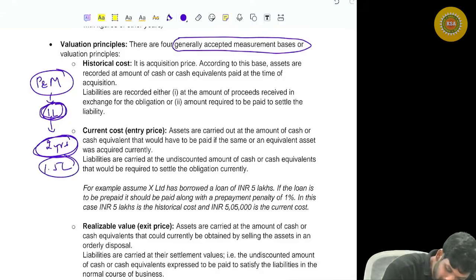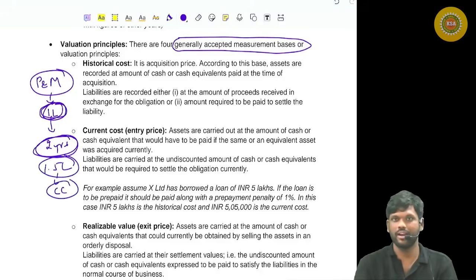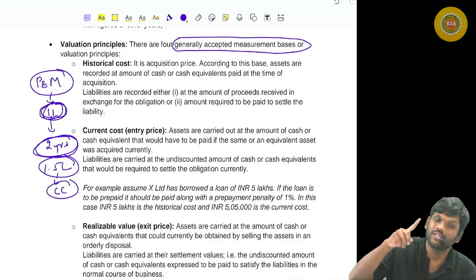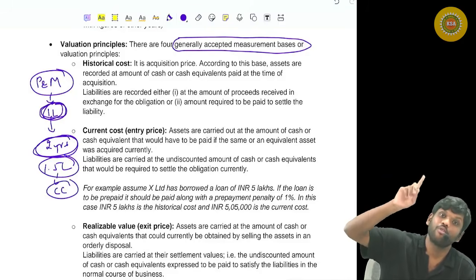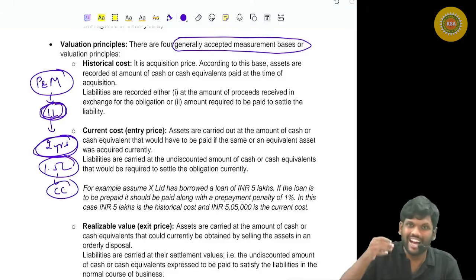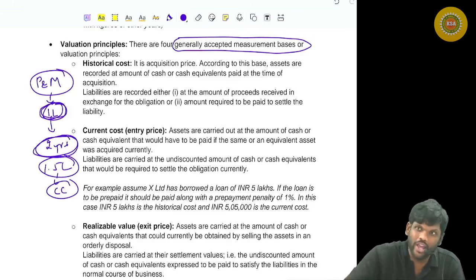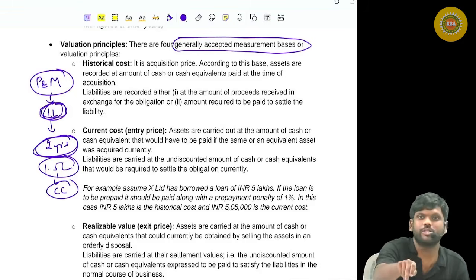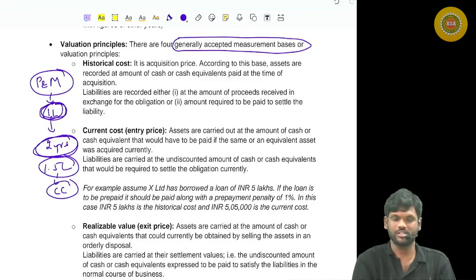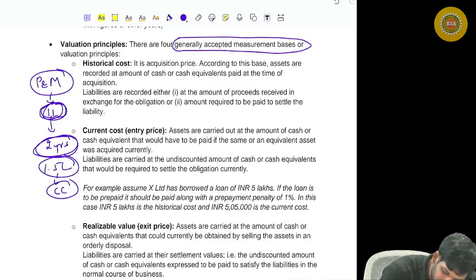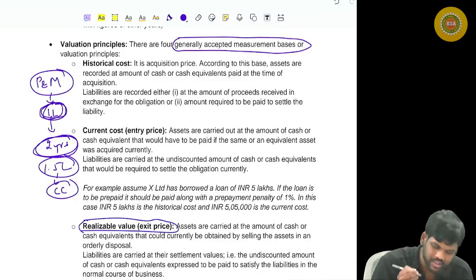Then that is called current cost. Remember, historical cost is what you spent when you bought it earlier. Current cost means today to buy the same asset how much you have to spend. Then there is something called realizable value.